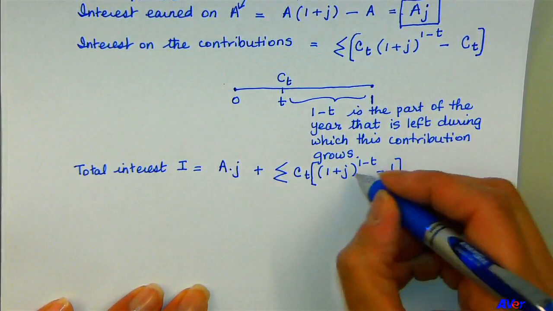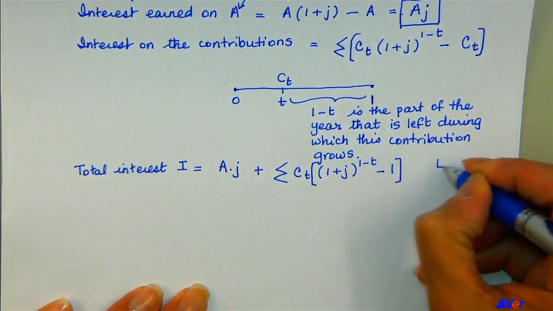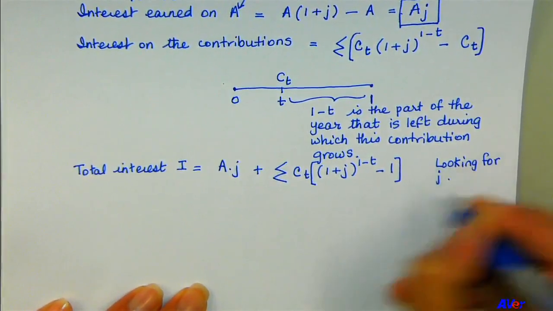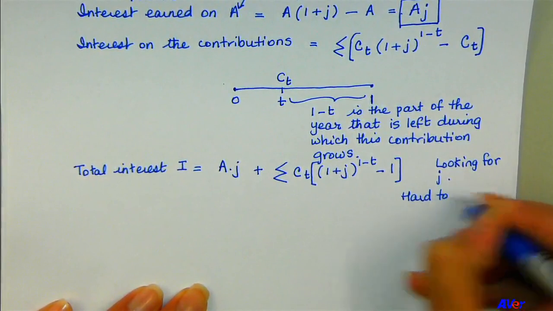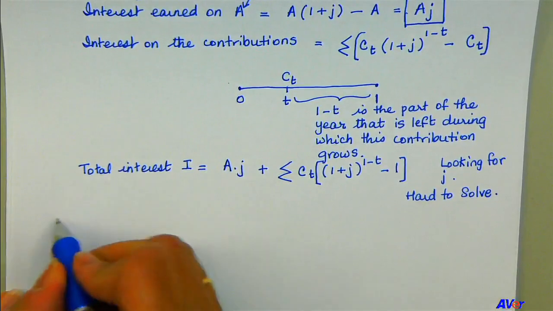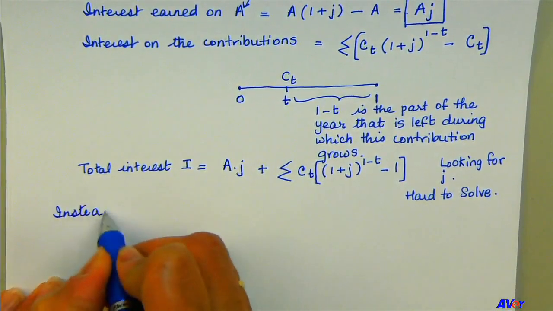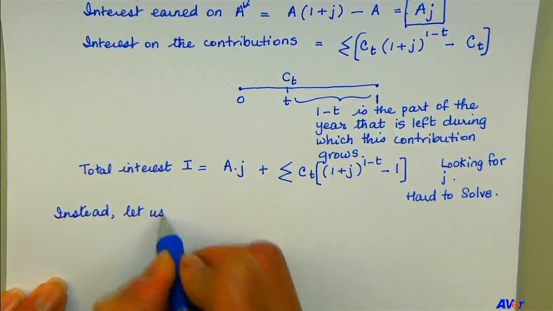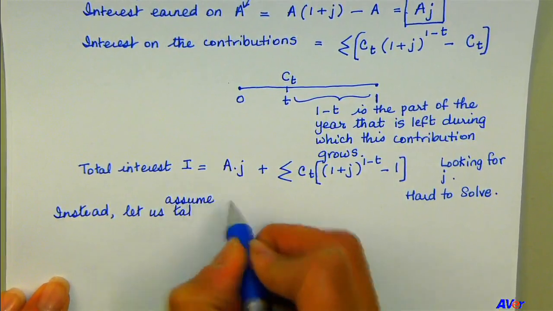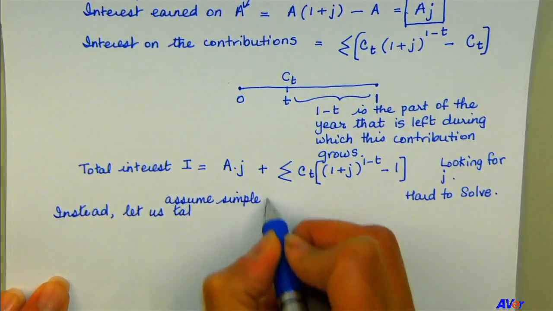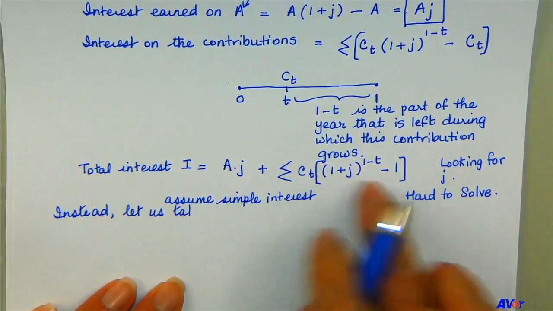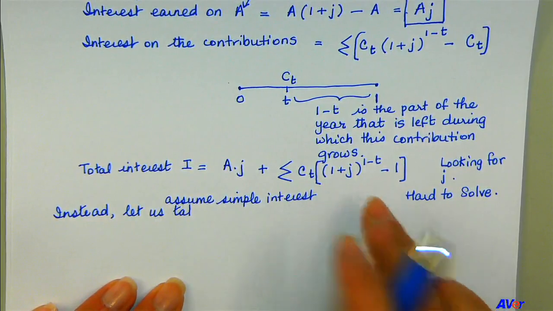And this is really hard to solve. The unknown is j. I'm looking for j. And this is hard to solve. So, instead, let us assume simple interest for this. Instead of compound interest, I'm assuming that it's simple interest.